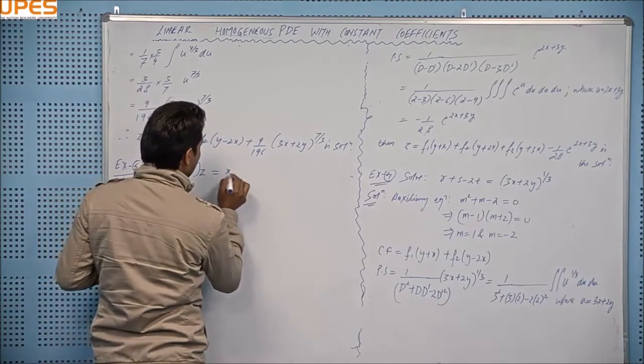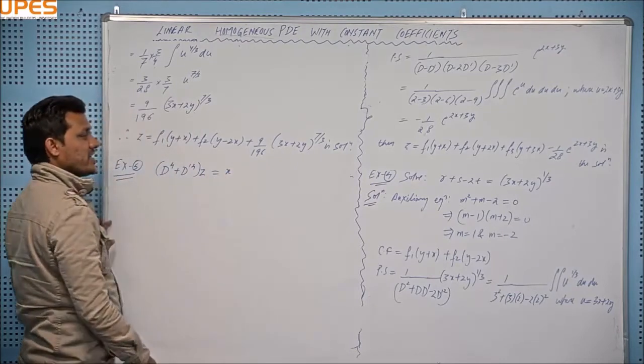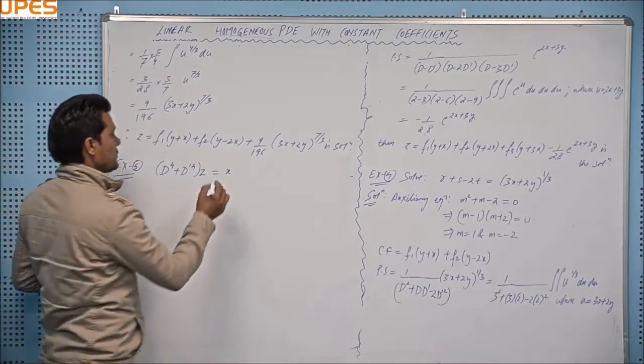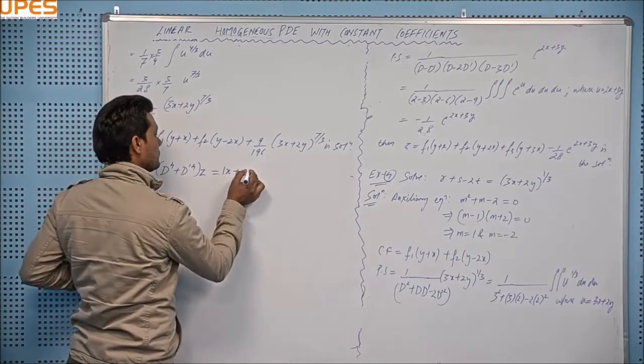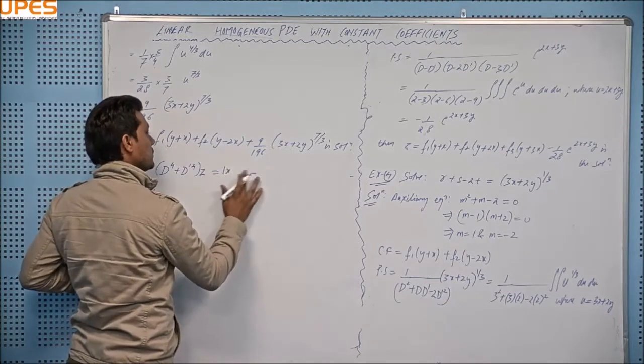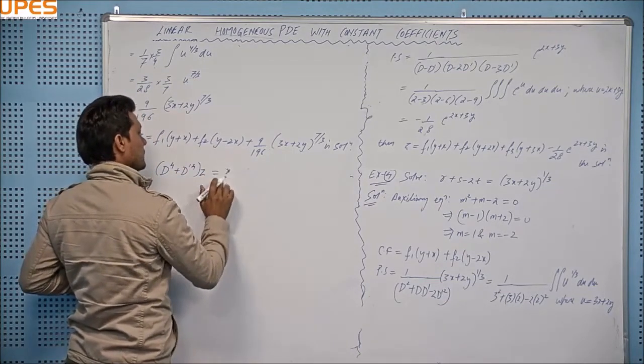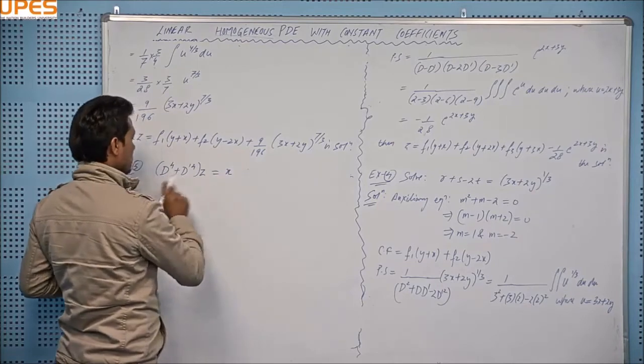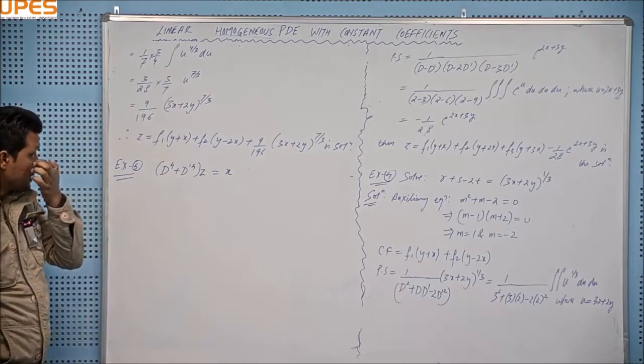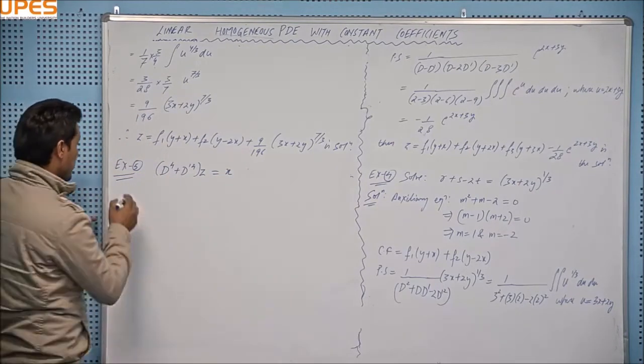Suppose I take only x here, right? Means y is absent. It can be treated as 1x plus 0y, where b is equal to 0. Okay, and again the left hand side is a complicated expression.